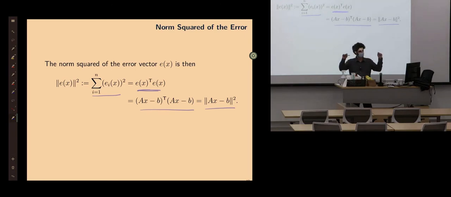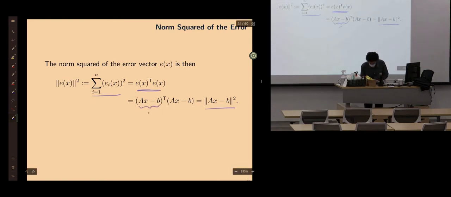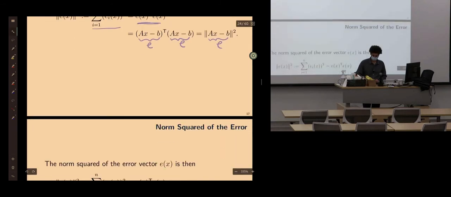Now, it gets a little bulky when you look at it, but it's really nothing. It's just the error term, okay? So this is the error, and this is also E. So this is the norm squared of the error.